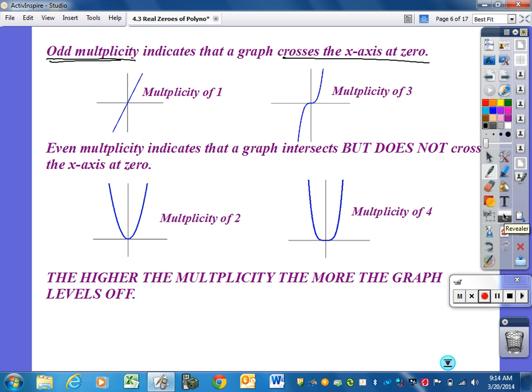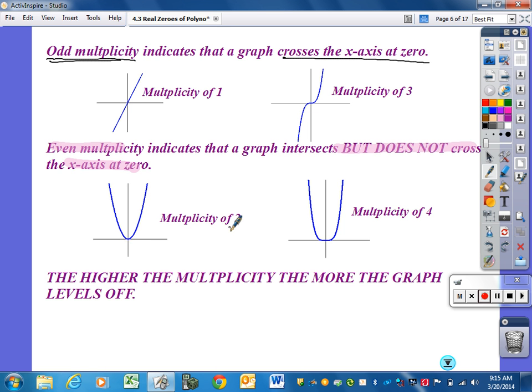When something has even multiplicity, it does not cross over the x-axis. It only touches it. It is tangent to the x-axis. Here is a parabola. It touches the x-axis.